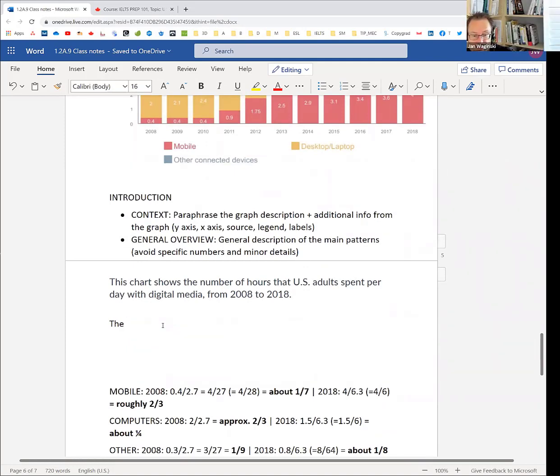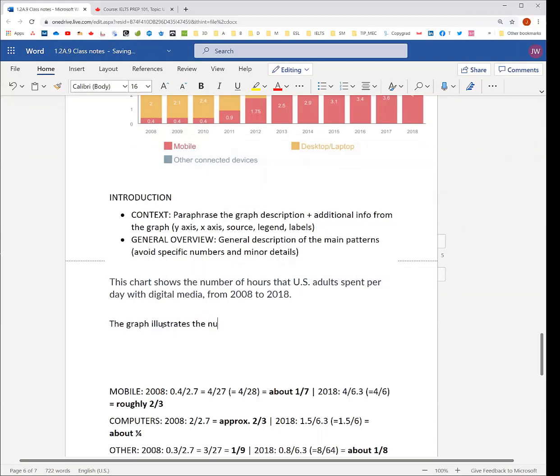Okay, let's put in some more synonyms. What's a synonym for chart? The graph, maybe? Yep, and instead of shows, we have illustrates. Good. The number of hours. The time spent by American adults.